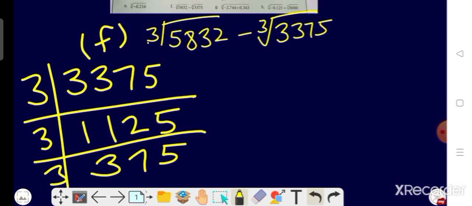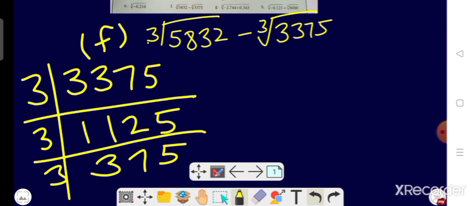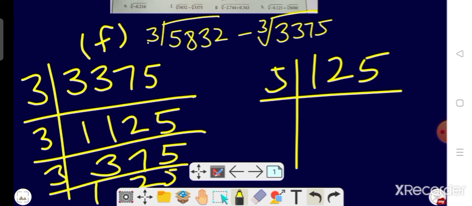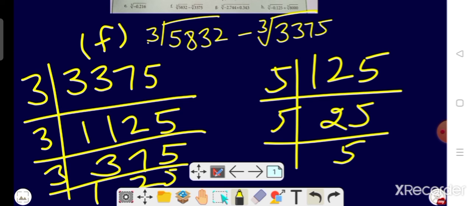Again by 3, it will become 125, and 125 is divisible by 5, it will become 25, then 5, and again by 5 it will become 1.